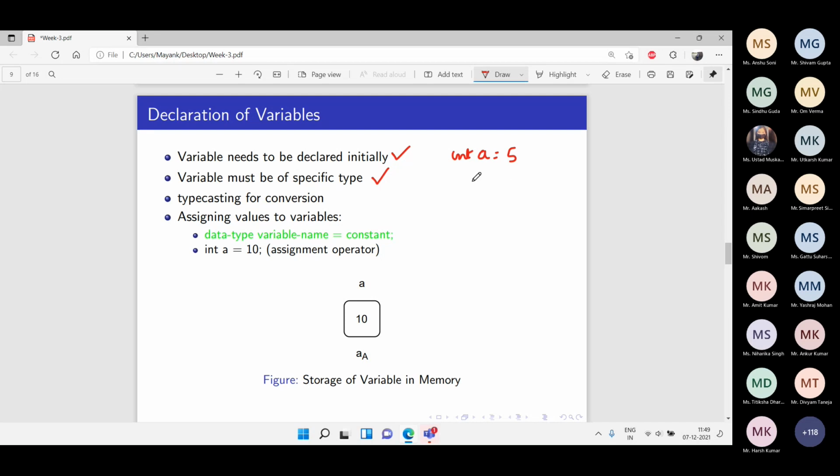So memory will be created, a will be there and the value 5 inside it. If you declare a float b, and you try to define a character, say z, it will give a compilation error. It requires a float type. It will require something like 7.212.